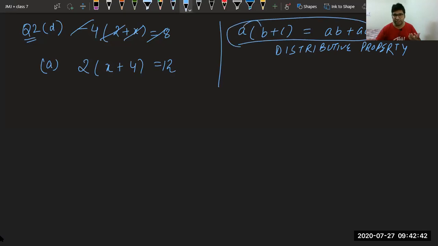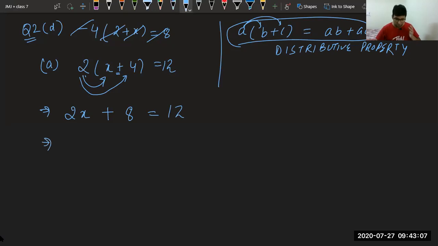A into B, then plus sign will come, then A into C. Similar way we will do here. This will multiply with this, and this is known as distributive property. So 2 into x will give you 2x, then we have a plus sign, then we have 2 into 4, that is 8, is equal to 12.